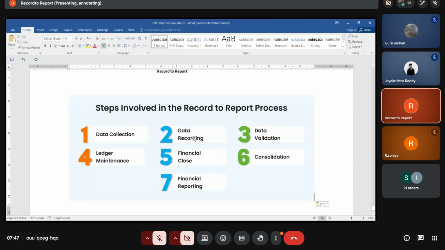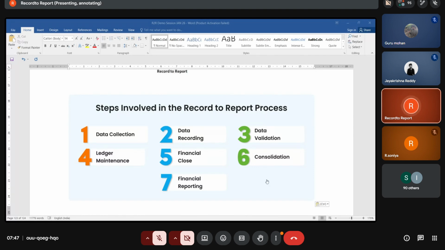Data recording. That is recording of financial adjustments like accruals, prepayments, FX revaluations, outstandings, reclassification entries. Once it has been done, they validate the data again, whether it is accurate or not. Once that is done, ledger maintenance, the close will happen, consolidation, and financial reporting. So this is the end-to-end R2R process, guys.